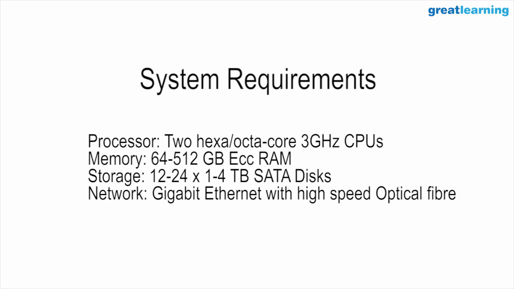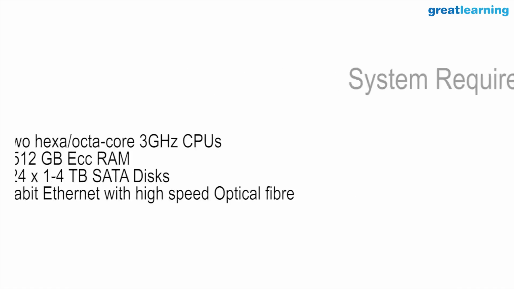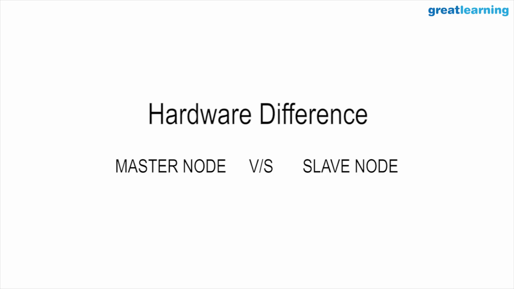It will be the latest in terms of hardware. Memory will be anywhere between 50 to 100 GB RAM. Many organizations also operate with 32 GB RAM, but they'll realize they have to keep on upgrading. So the better option is to have data nodes with around 50 to 100 GB RAM. Every data node will have multiples of 2 or 4 terabyte hard drives, not just one hard drive.